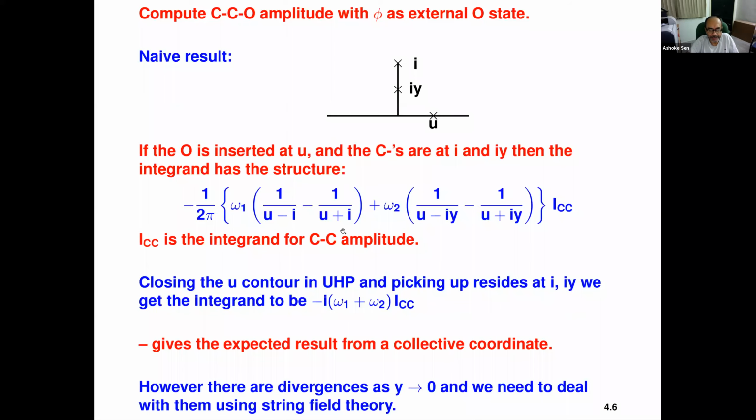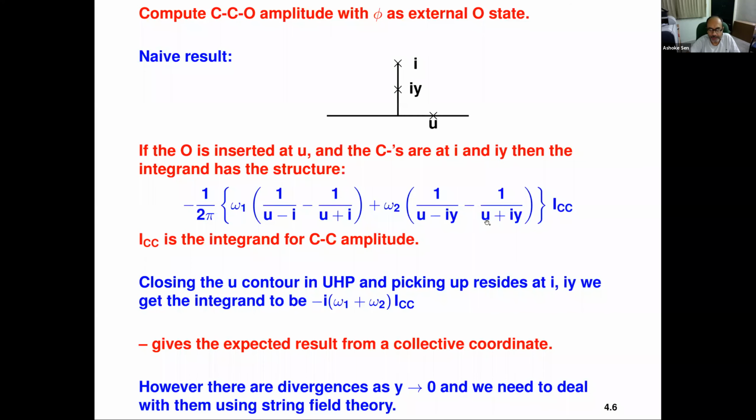In that case, the U dependence is determined simply from the residues, because the operator product of partial x with e to the I omega x is just I omega times 1 over U minus I. So we get omega 1 times 1 over U minus I from this pole and 1 over U plus I from the image, which comes with the opposite omega 1. Similarly for the other one we get this factor. Whatever is left over is the integrand of the CC amplitude.